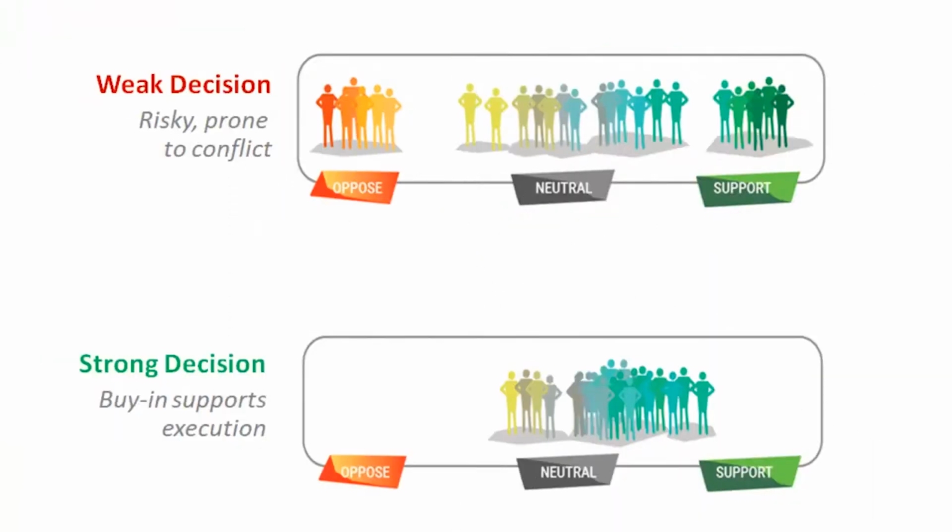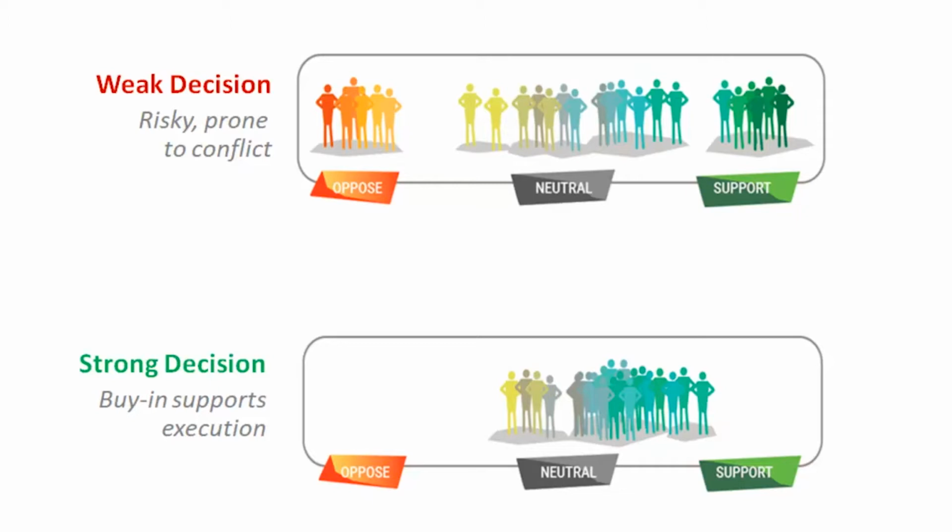For example, the support distribution on the top shows a small group of highly opposed people in orange and red, a few highly supportive people in green, and most people in the middle. Ethelo would view this as a weak decision because it's highly polarized, which increases the probability of conflict and the risk of failure. Ethelo would view the decision on the bottom as much stronger.